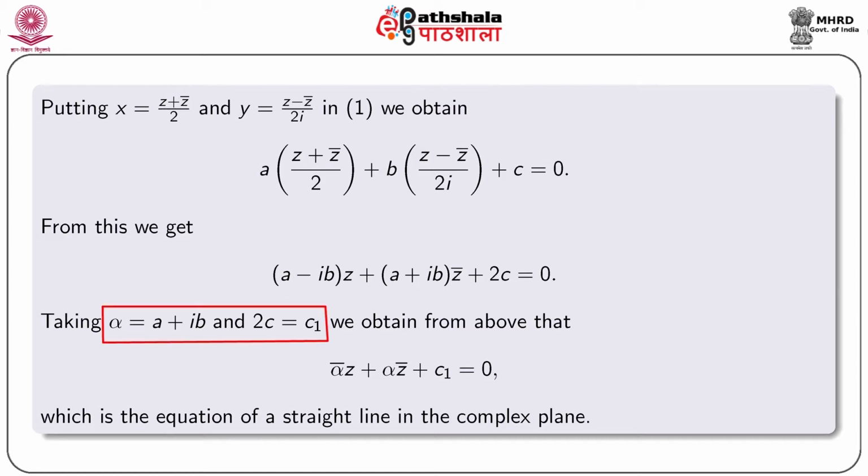So, taking alpha equal to a plus ib and 2c equal to another constant c1, we obtain from above that alpha bar z plus alpha into z bar plus c1 equal to 0, which is the equation of a straight line in the complex plane.